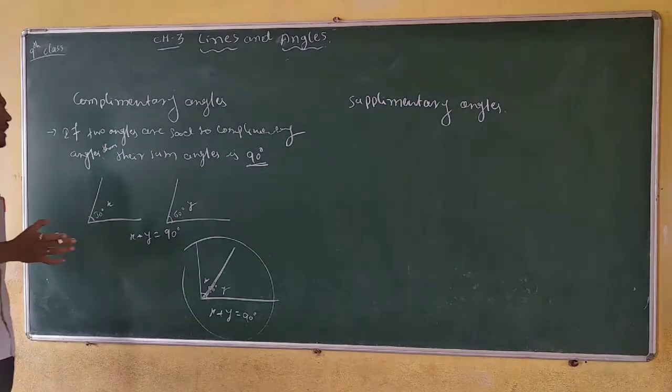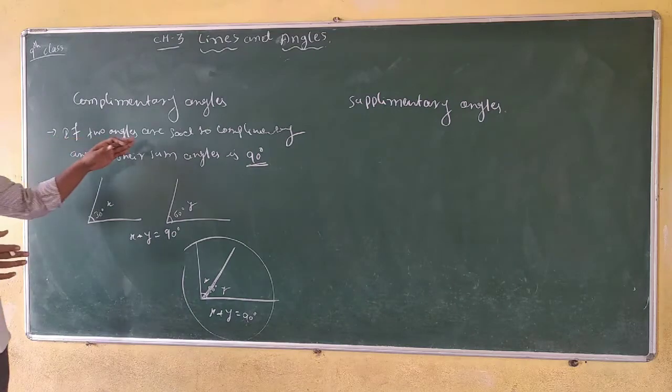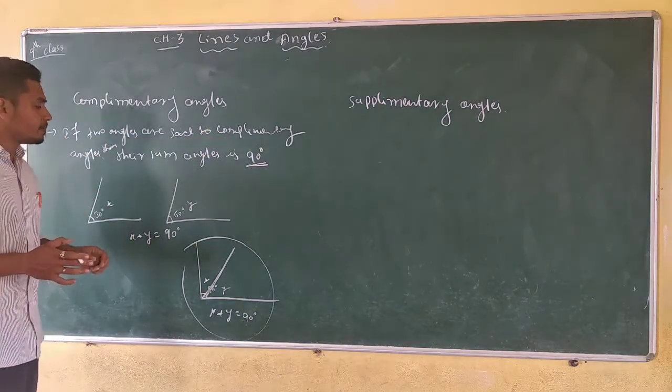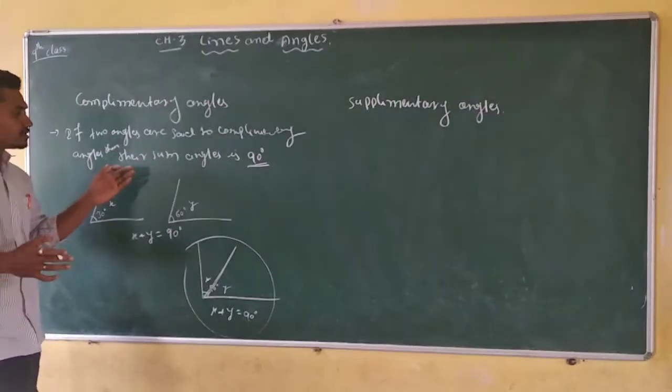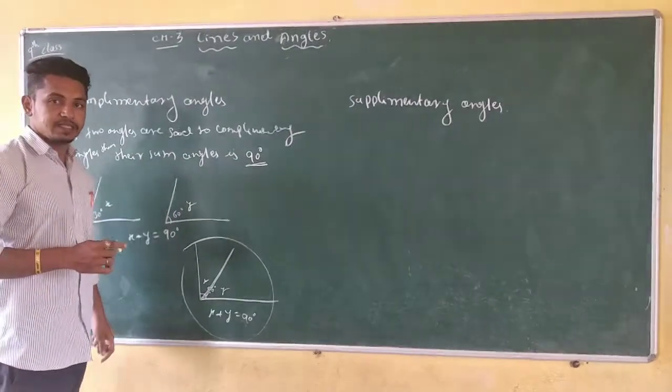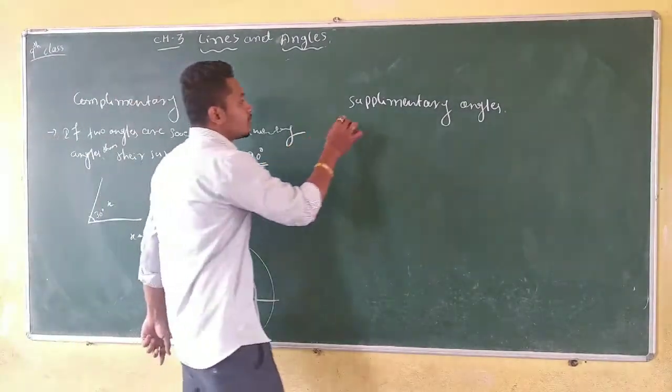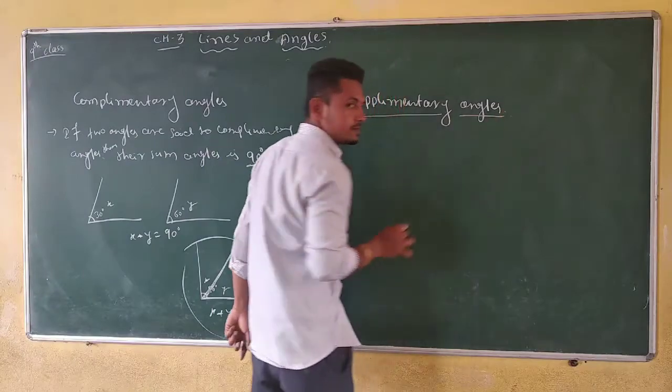What are complementary angles? If two angles are said to be complementary, then their sum is 90 degrees. Now what about supplementary angles?